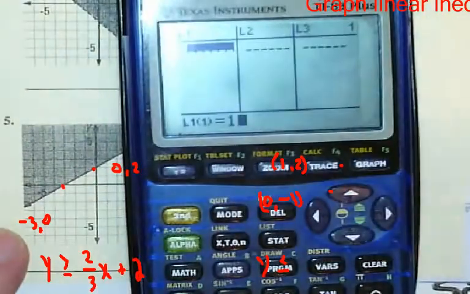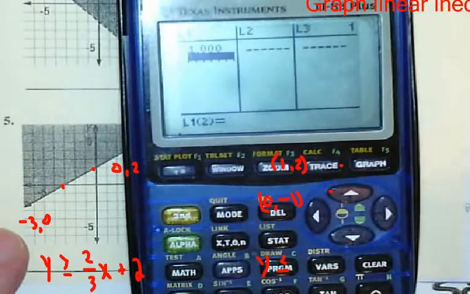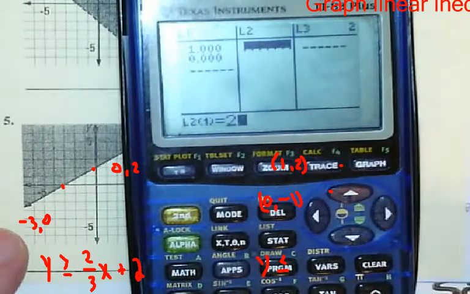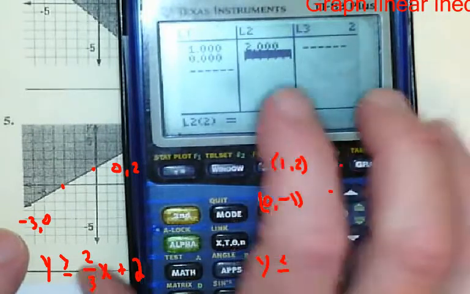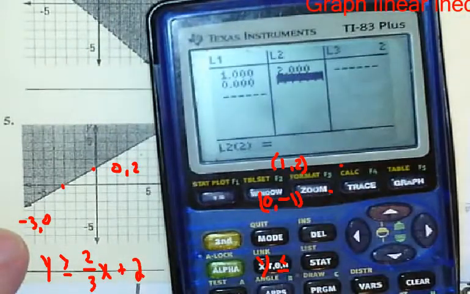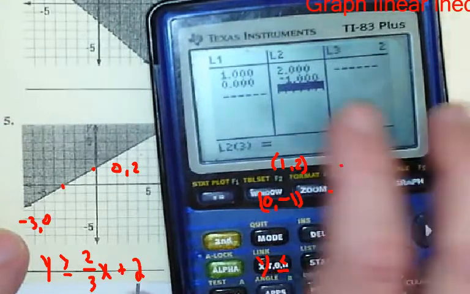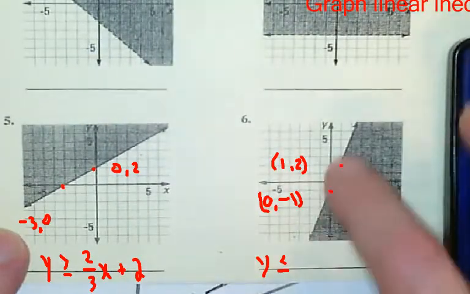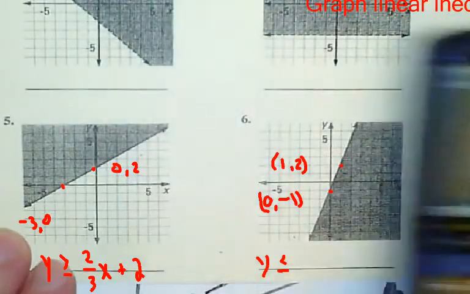I put 1 and 0 there, and then 2 and -1. Okay, so I got the 2 points that we found, no problemo.